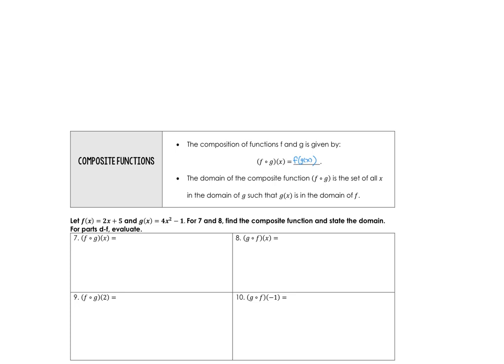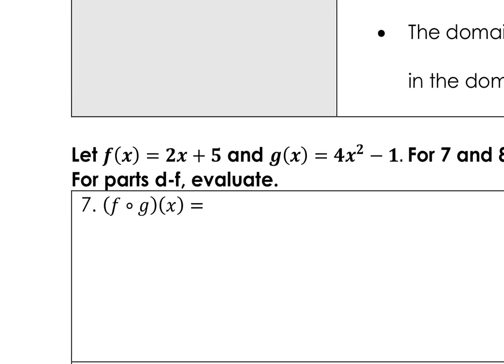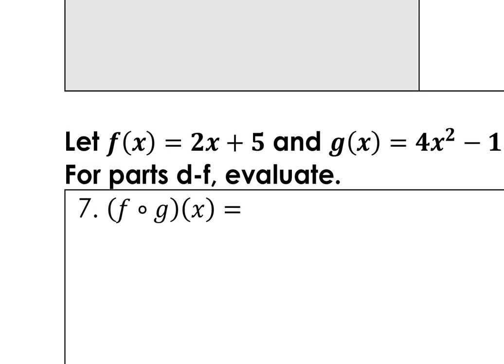Our f of x function is 2x plus 5, and our g of x function is 4x squared minus 1. So if we're doing f of g of x, again, if I rewrite this, this is f of g of x, which means g of x is our input.